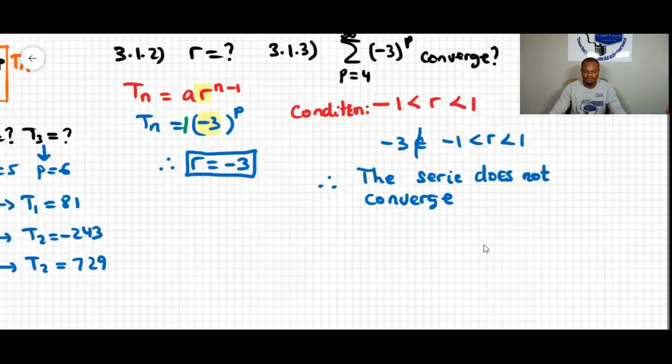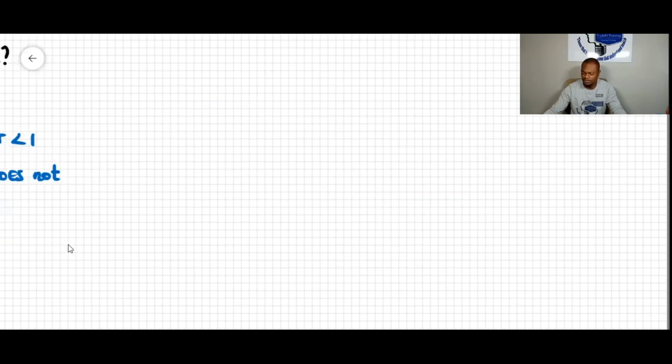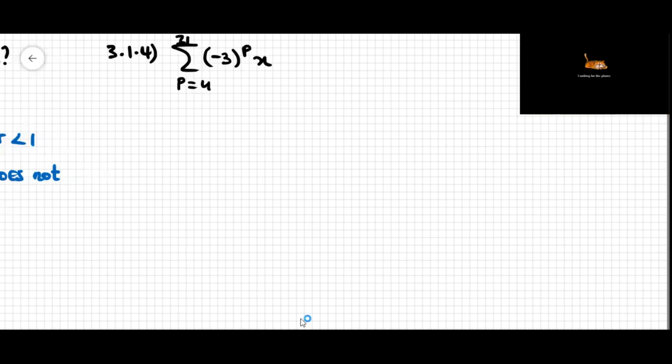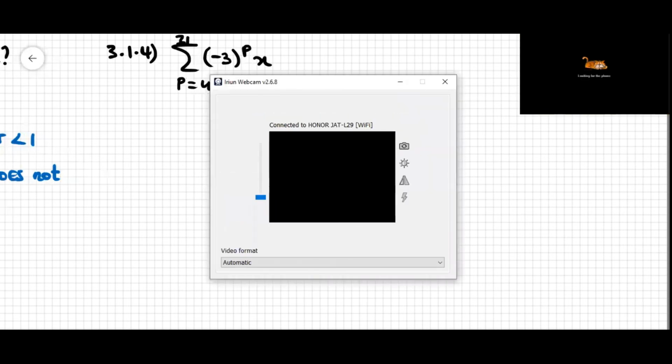This is what is given: the sum of -3 to the power of p times x, where p starts from 4 to 21. We are going to work out the value of x.